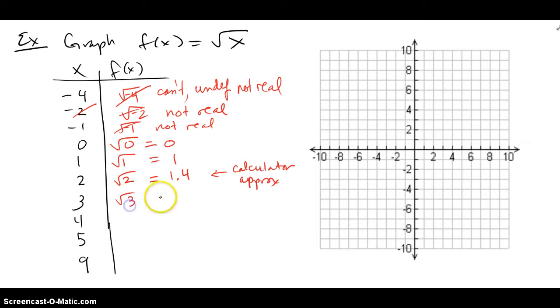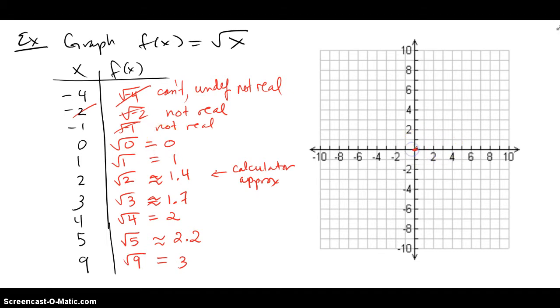So again, you're going to use your calculator to approximate some of these. Then square root of 3 is going to be approximately 1.7. And then square root of 4, that pops out a nice 2, we know that. Square root of 5 is going to be approximately 2.2-ish, and then square root of 9 we know is going to be 3. So we have some ordered pairs that I'm going to go ahead and graph.